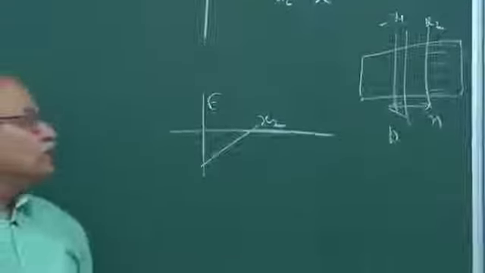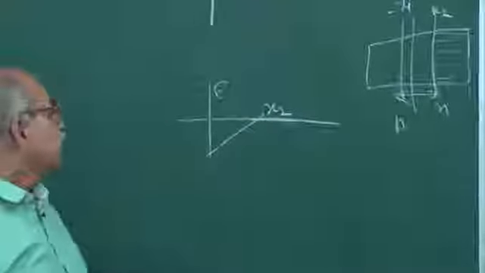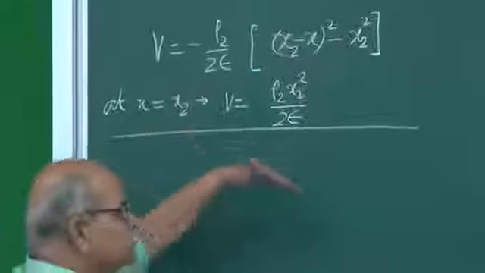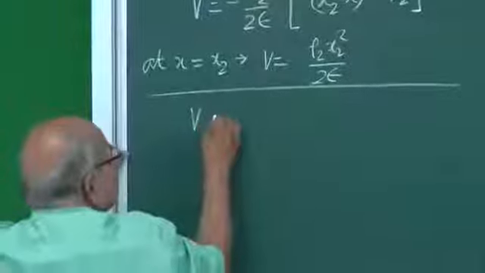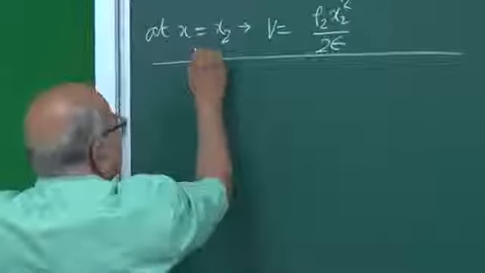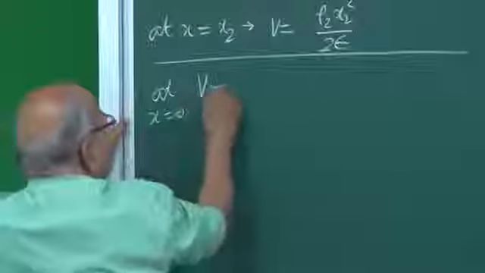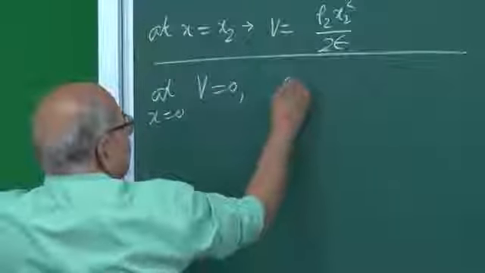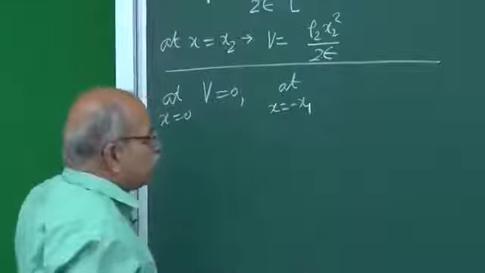Same is the story on the p side, or x less than 0. If you write it for x less than 0, it is the same algebra, identical, and this v will be at x equal to 0, we have taken v equal to 0 anyway, and at x equal to minus x1. It should be quadratic.